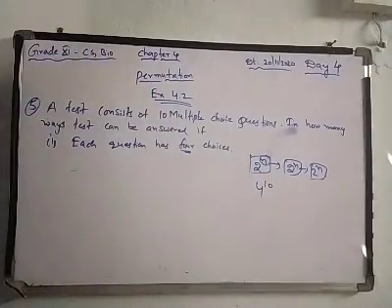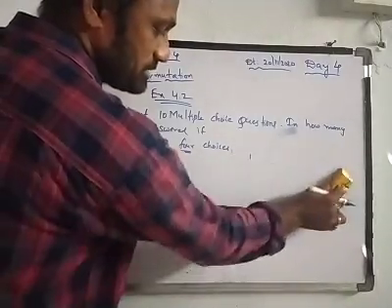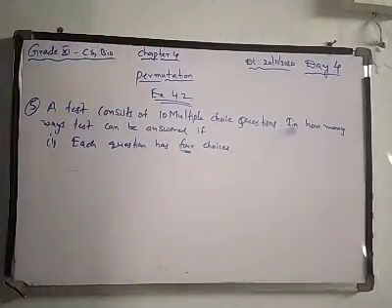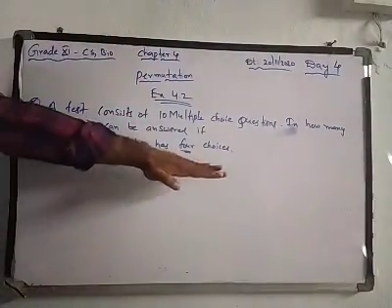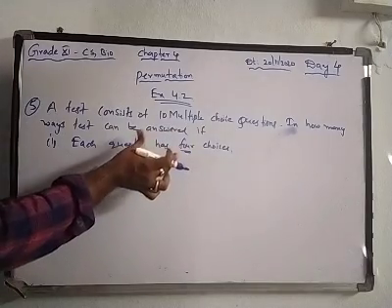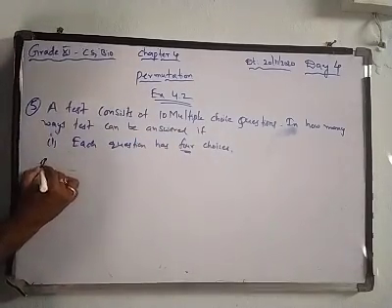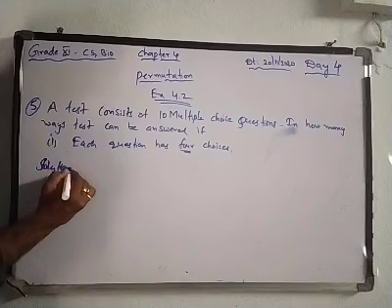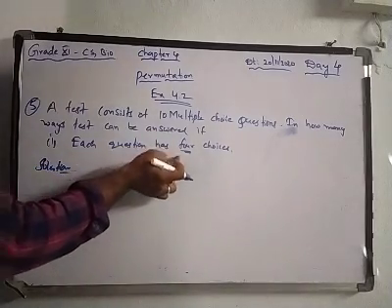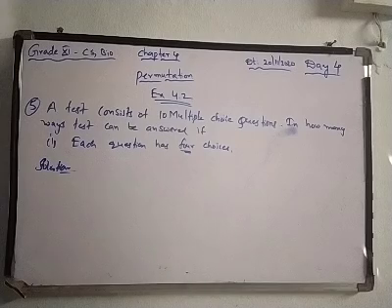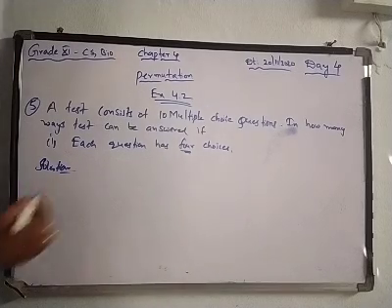So already we have discussed theorem 4.3 where repetition is allowed. So in this case, this is a special question with 4 choices, and we have to observe this type of question. Let us see the solution. Whenever we are doing this type of question, we have to use the formula n power r.